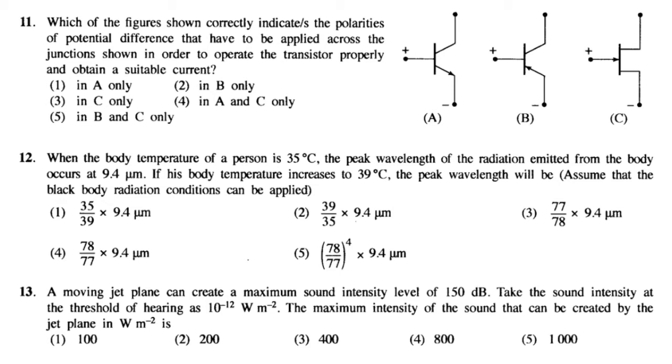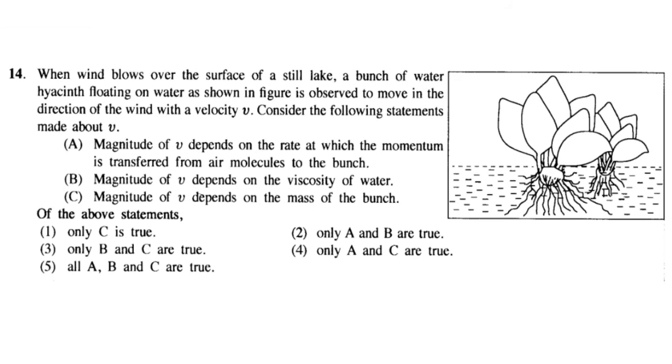Then 15 equals log I plus 12. Minus and minus 12 become plus. Then log I equals 3. I equals 10 to the power 3, which is equal to 1000. The answer is 5.